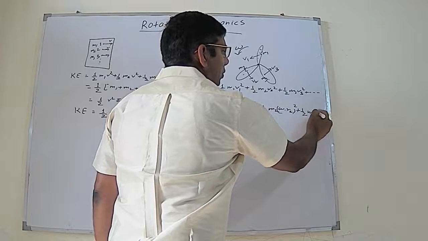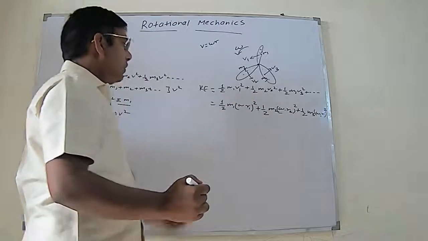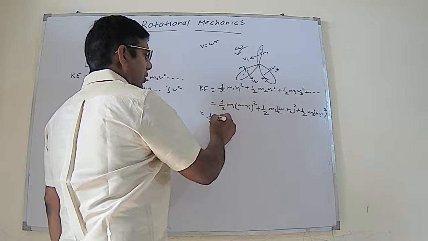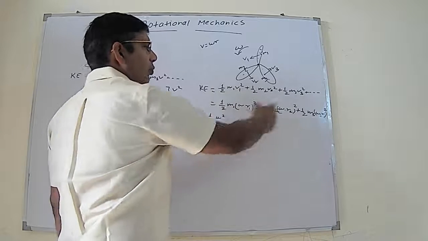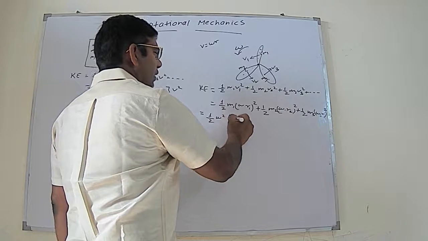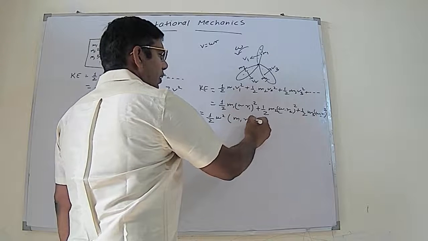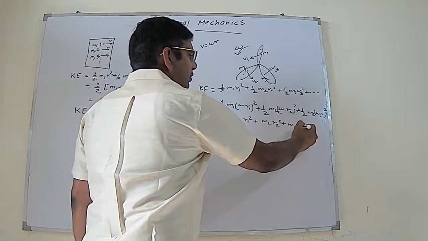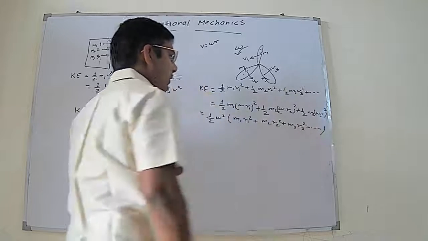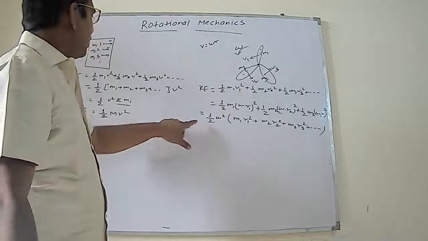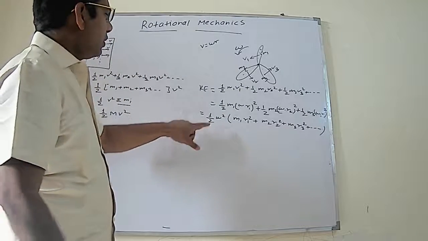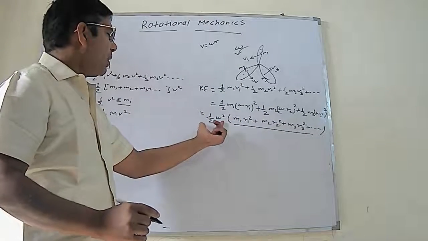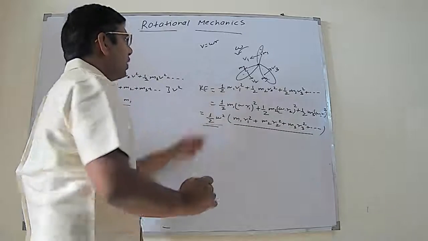So further we can simplify: we can take half omega square common, because omega square is everywhere. So we can write m1 r1 square plus m2 r2 square plus m3 r3 square plus so on. This quantity, half omega square, is constant for a given omega.